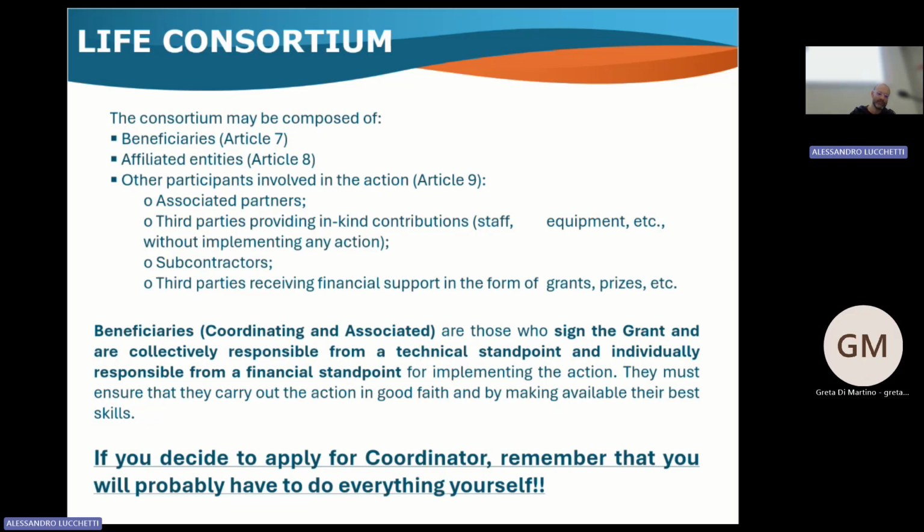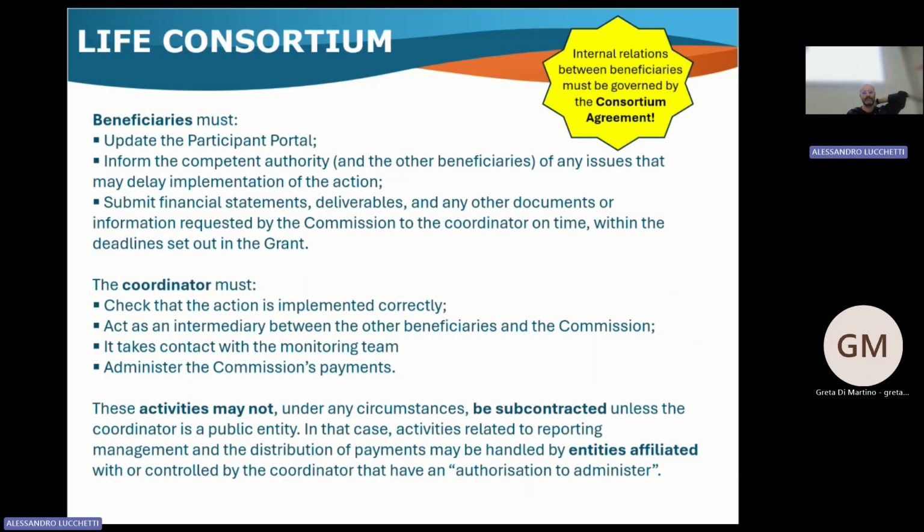Yes, this is a tip. If you decide to be the coordinator of a project, you have to consider that 99% you have to do everything by yourself, because when writing the report, probably nobody in the consortium will read your report. It's difficult to be the coordinator because you have to deal with several different things. Okay.